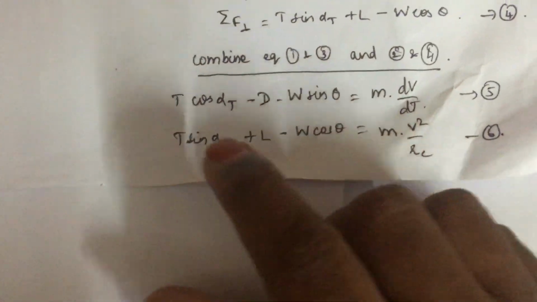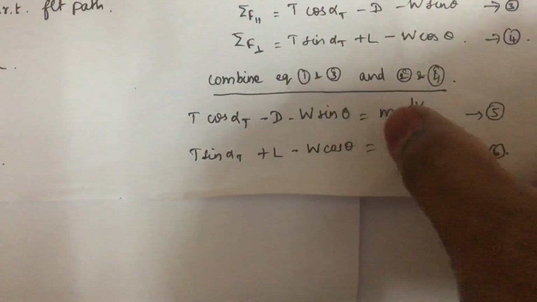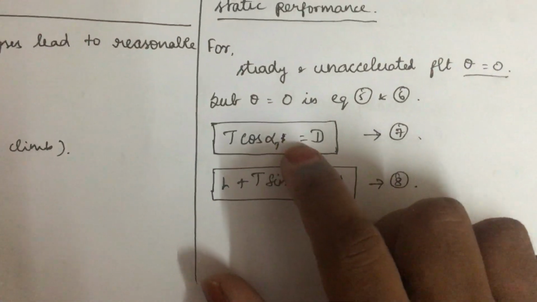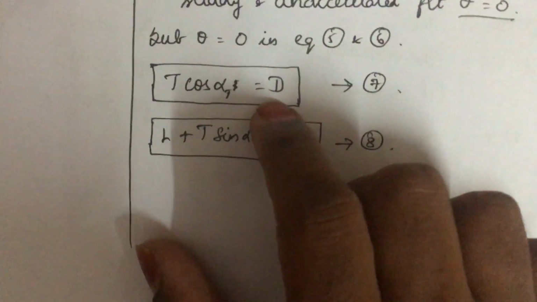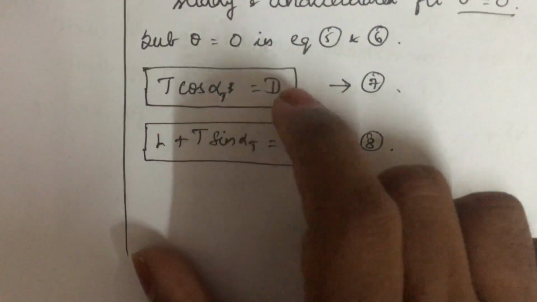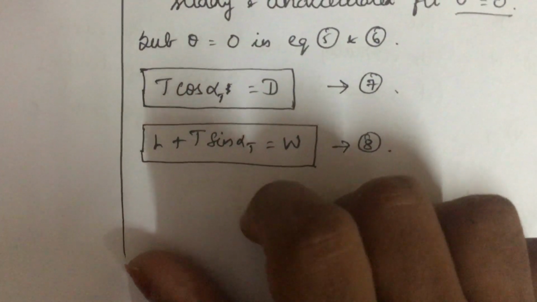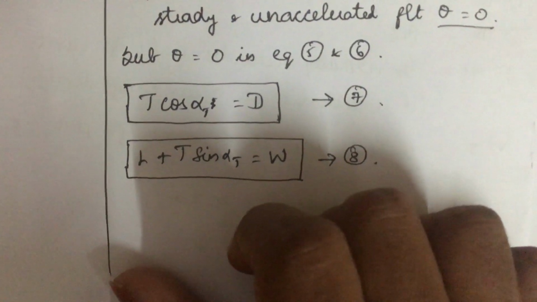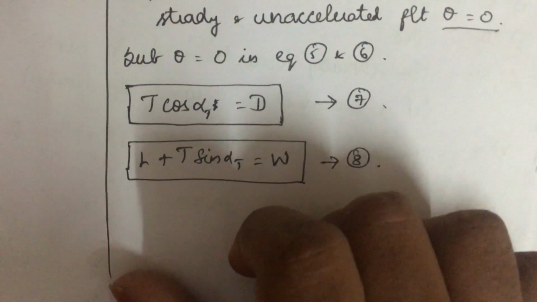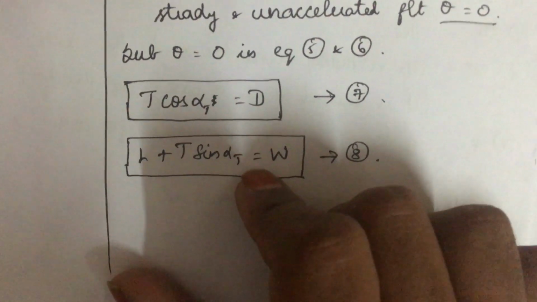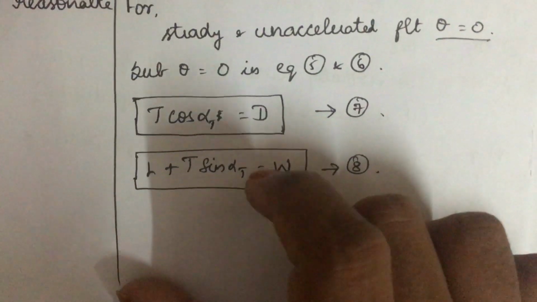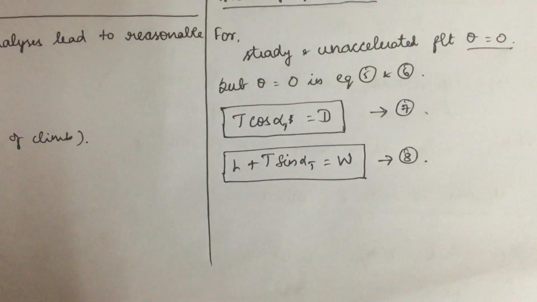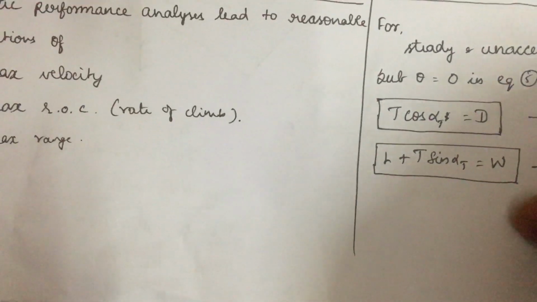So I have T cos alpha T, and when I bring it to the other side, T cos alpha T is equal to D. In the second case, when I substitute in equation 6, I have three values: L, your lift, plus T sin alpha T, and the remaining one is W. These are the two sets of equations, equation 7 and equation number 8.